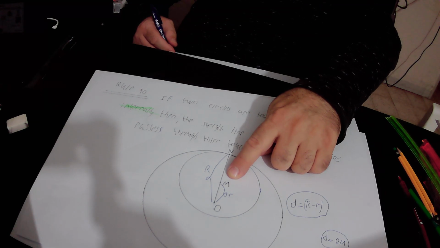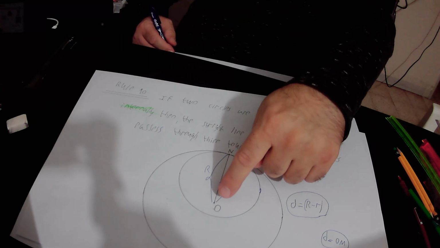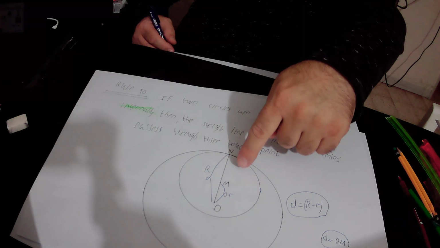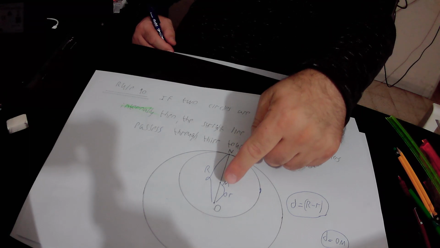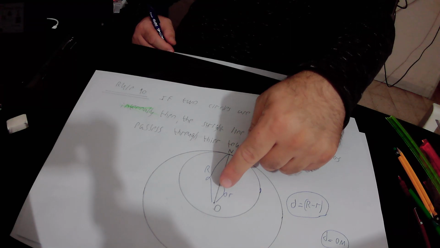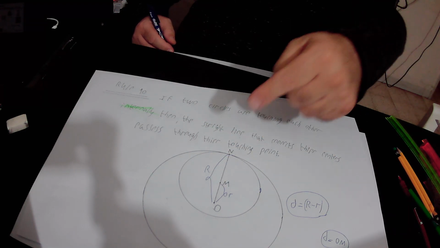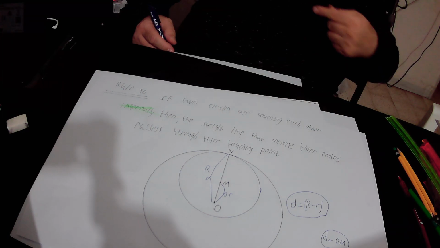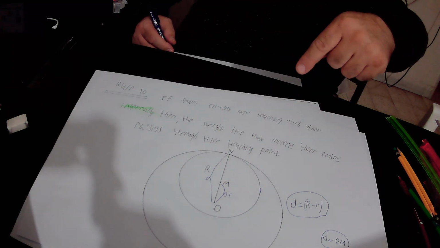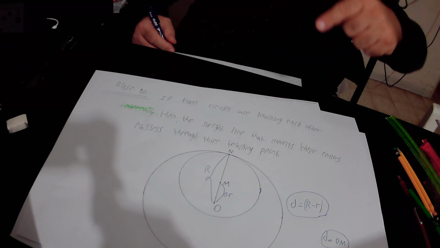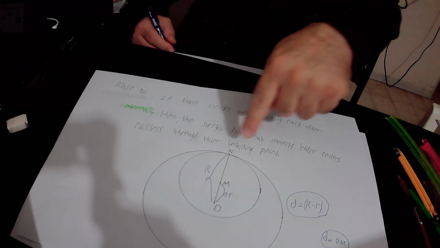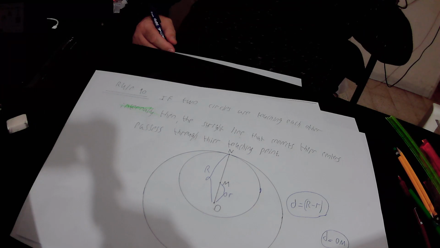Point M is the center of the small circle, point O is the center of the big circle, therefore OM, or MO, is the straight line that connects the two centers together. This straight line OM must pass through their touching point, that is actually point N.